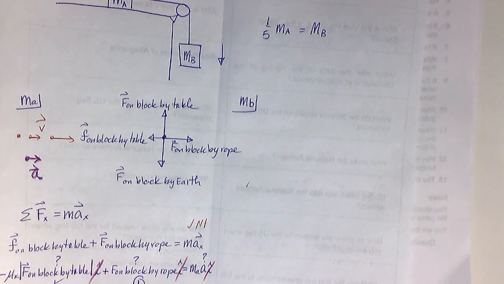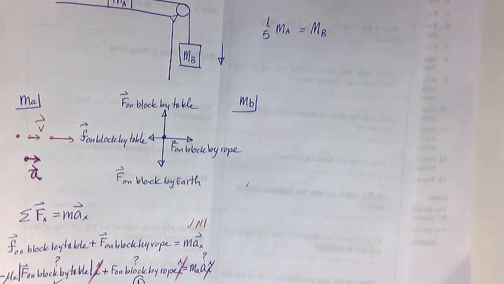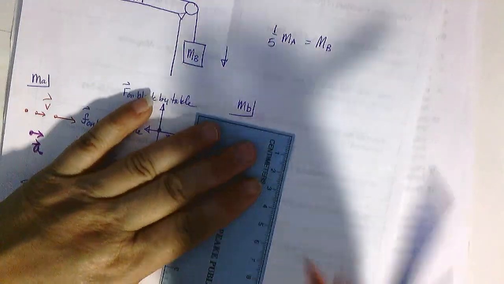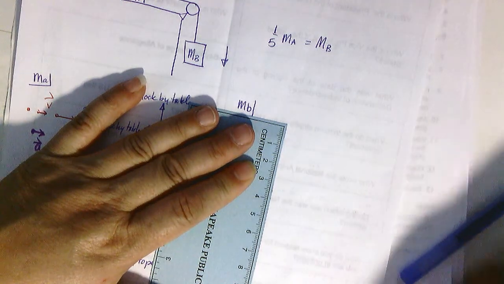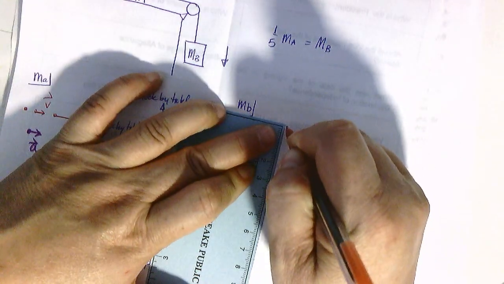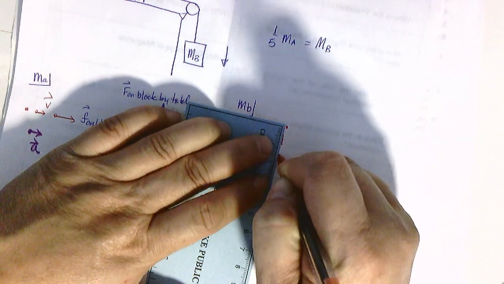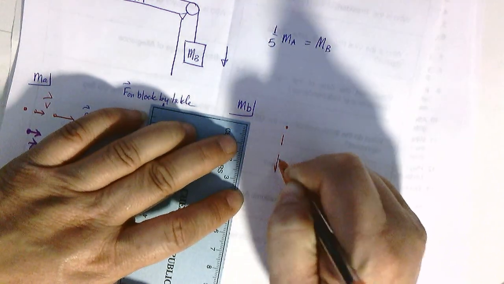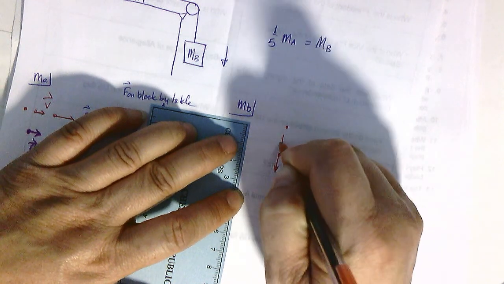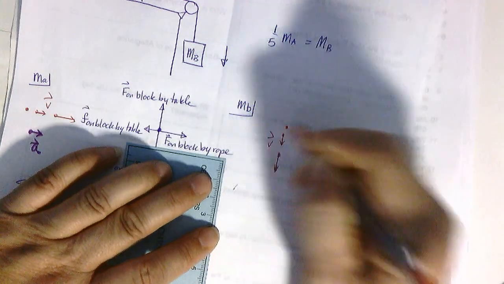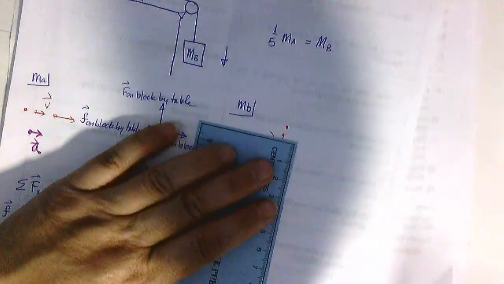Okay, so am I in equilibrium? No, I'm not. So I'm going to go ahead and draw my motion diagram. Be very careful with this one, because you're accelerating down.